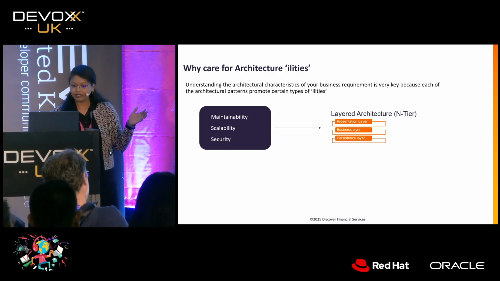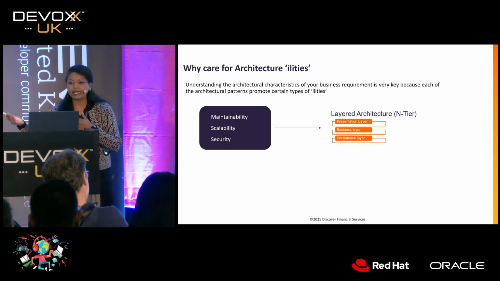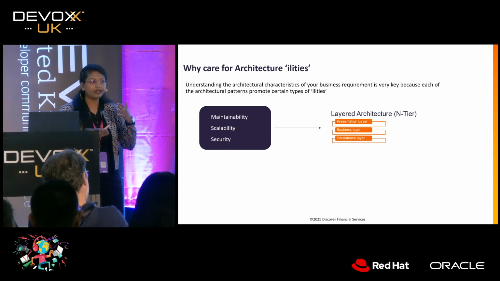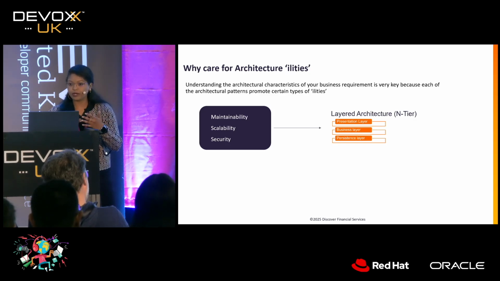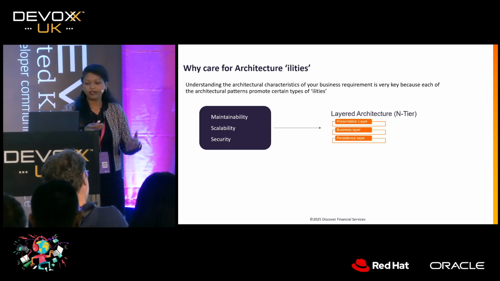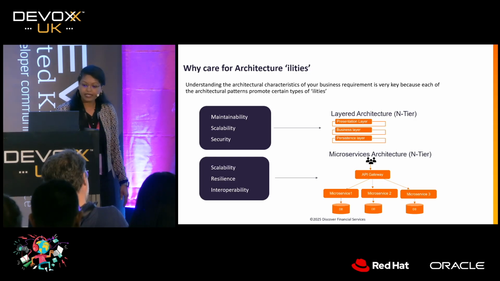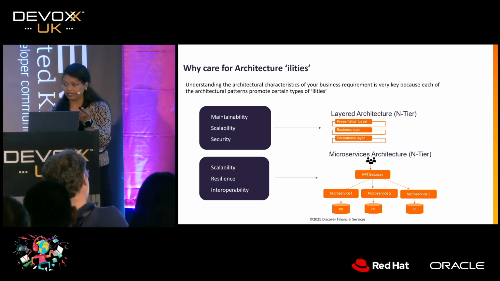They are independent and isolated, so they can be maintained and scaled independently. When the handover happens between the layers, authentication and authorization would happen, so security is taken care of, right?